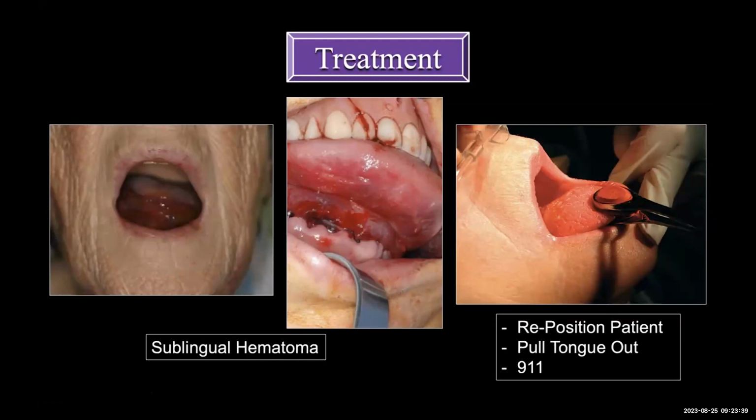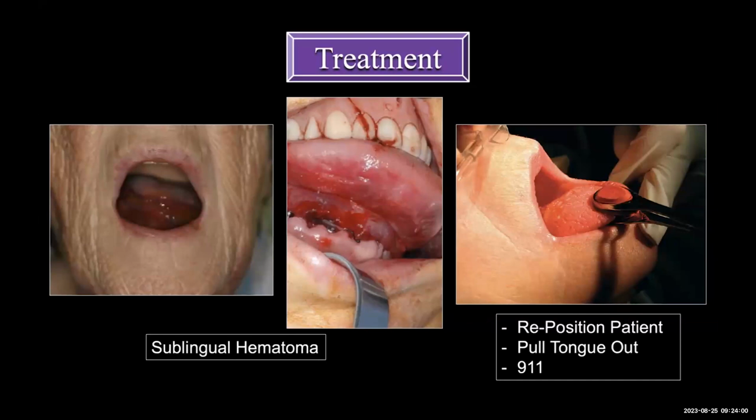So if this would happen to you, because there are many, many cases where it happens almost instantaneously once you drill through, you want to reposition the patient. First thing is you bring them from a supine position and you put them upright. The reason is you want their head above the heart. The second thing you do is you pull the tongue straight out.